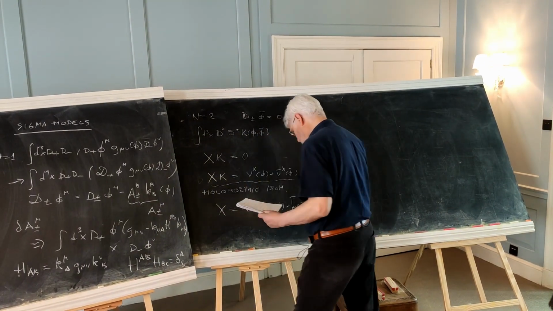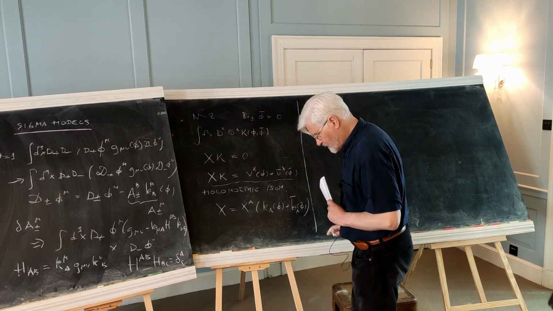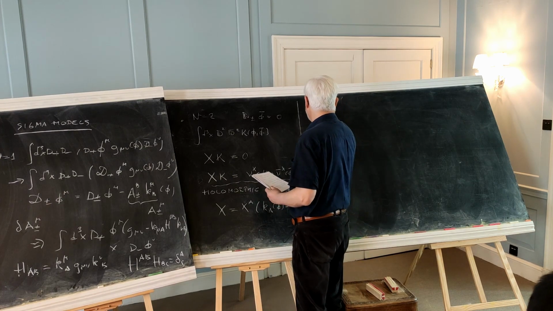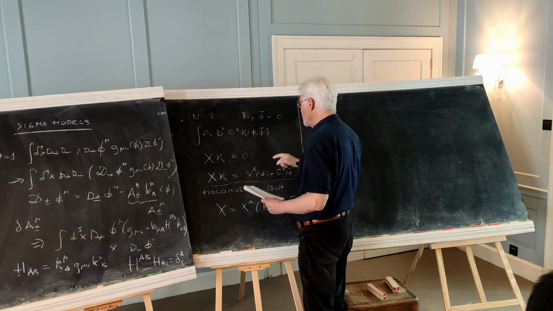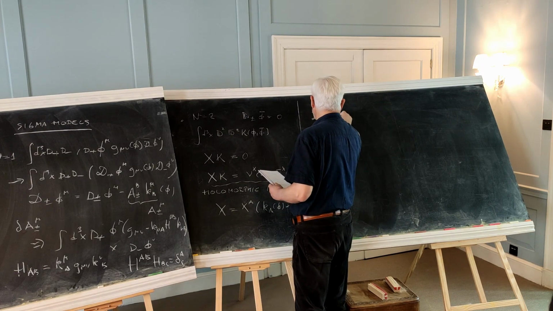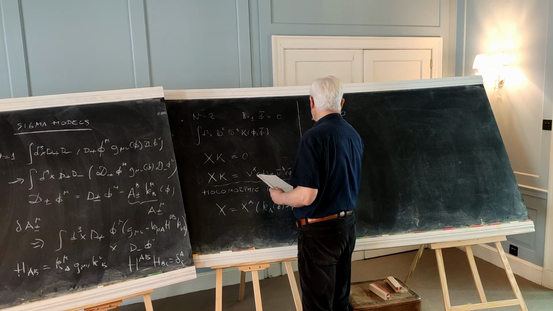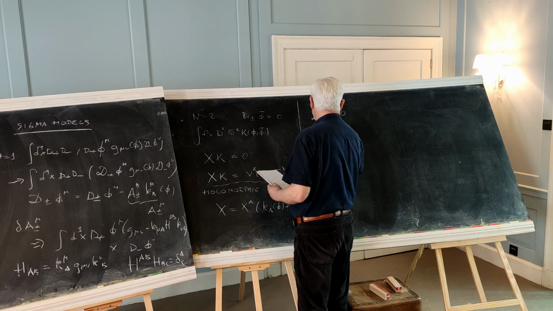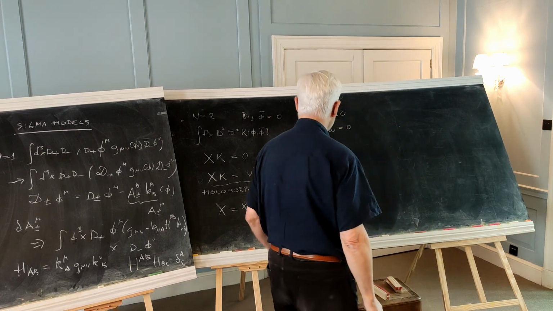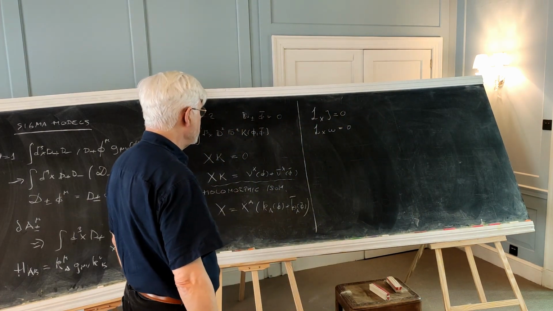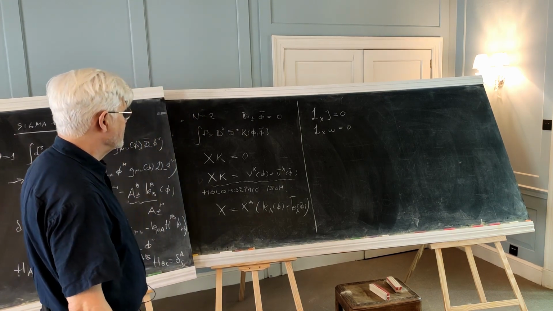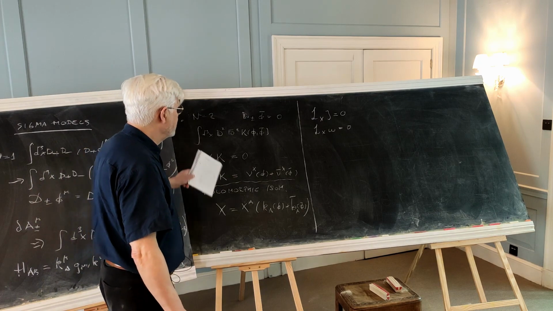What we have is that the Lie derivative along this isometry of J is 0, and the Lie derivative of omega is 0. This is what we need for isometries in this case.